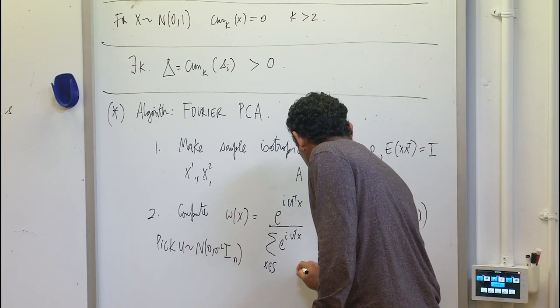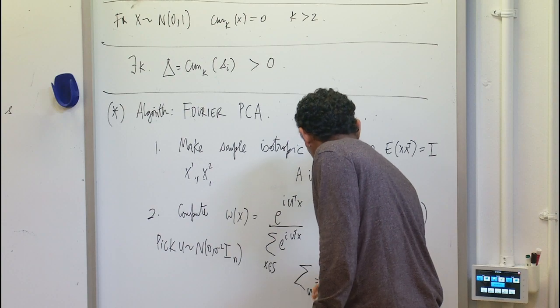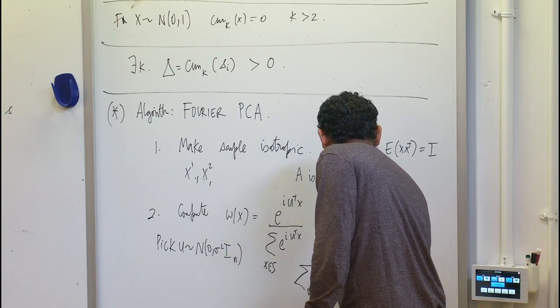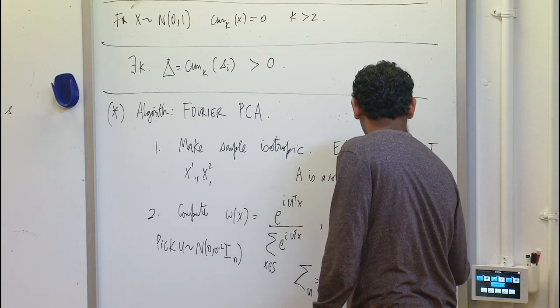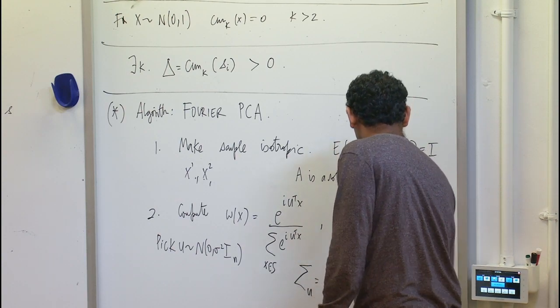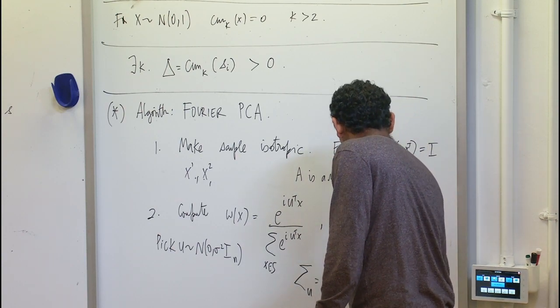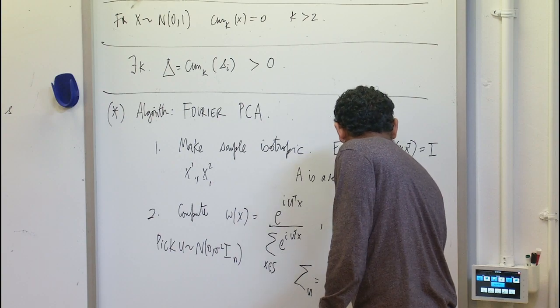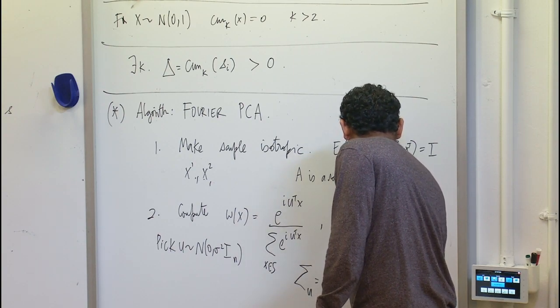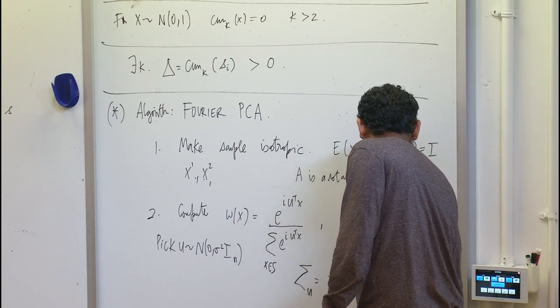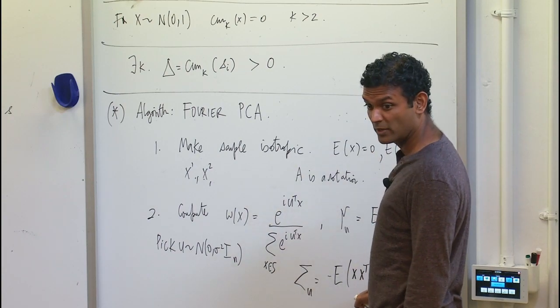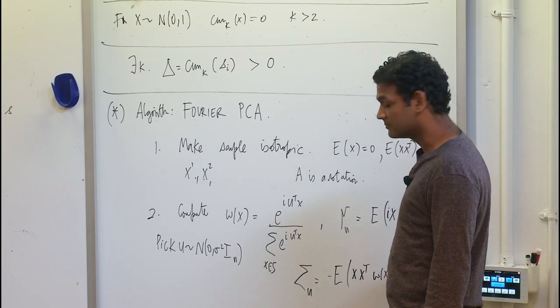And compute the covariance. Let's call it sigma u. The expectation of, actually, it's more convenient to do ix. And then i squared will become minus 1 here, so minus x transpose wx. So it's just the mean and the covariance, as you normally would do, but with these weights.